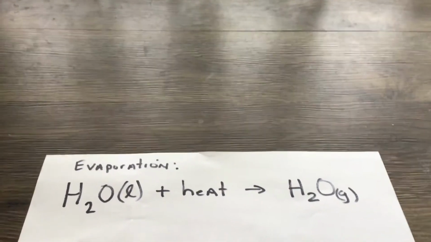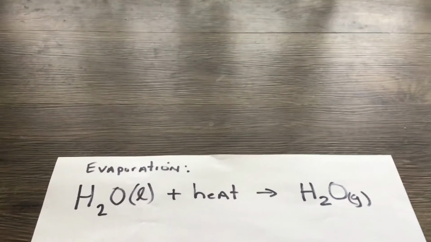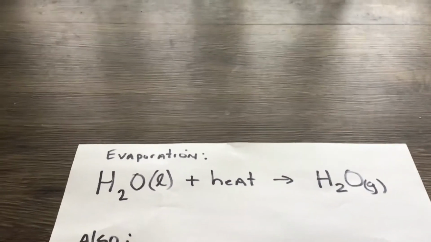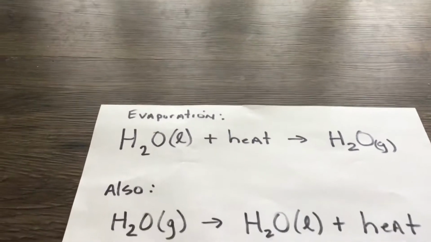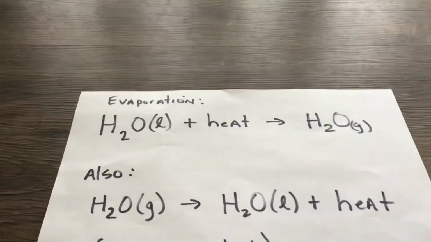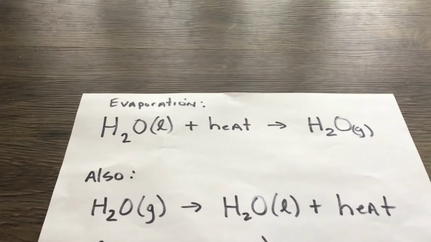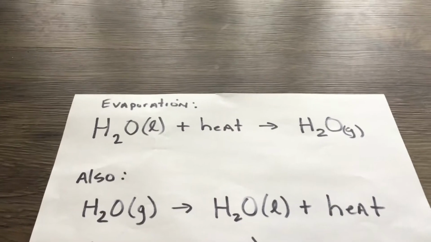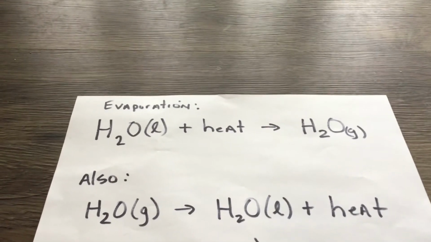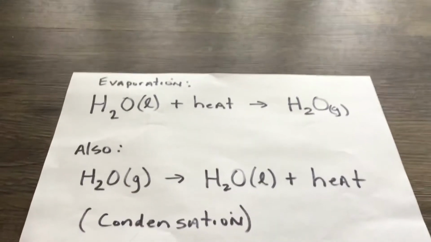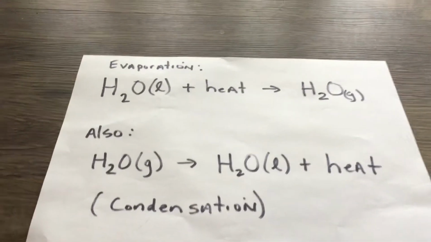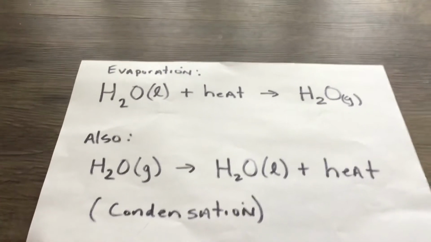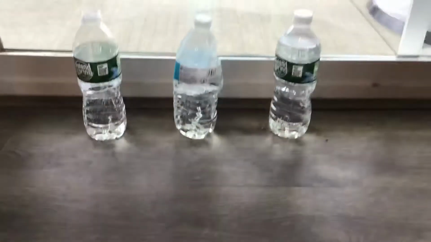In addition to that equation, we also have this equation going on where the gaseous water is forming liquid condensate, H2O(l) plus heat. That's the condensation. So in a sense, we have a water cycle going on in each of these two containers.